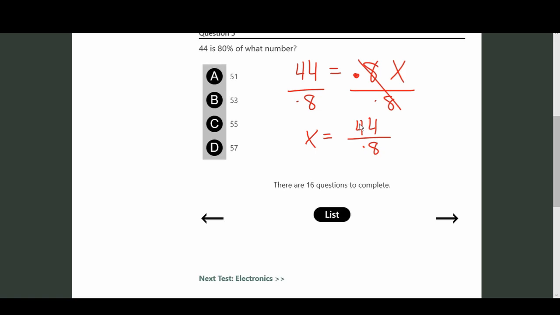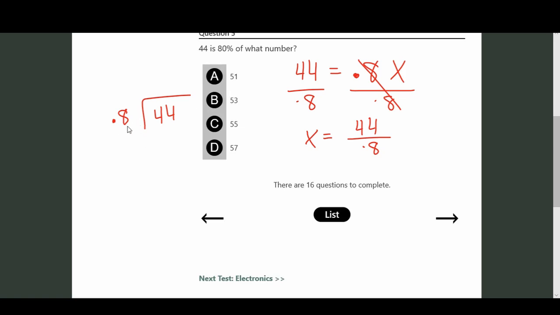Now, you regard all fractions as long division, namely 44 over 0.8 is the same as 44 divided by 0.8. Now, as you can see, we're doing long division, albeit with a decimal outside this division bracket, which we can't do.